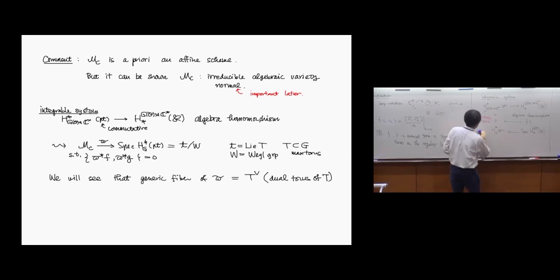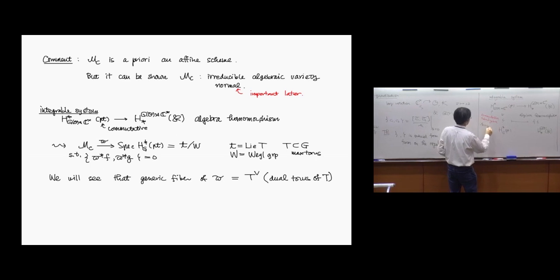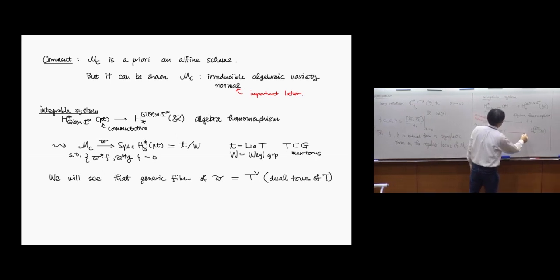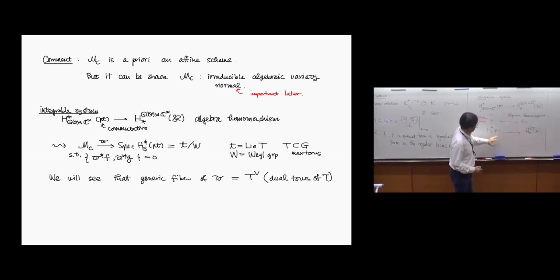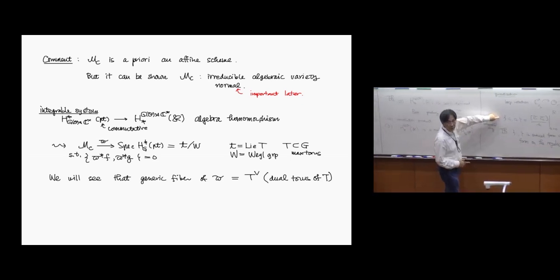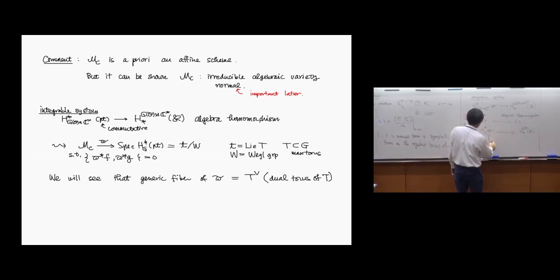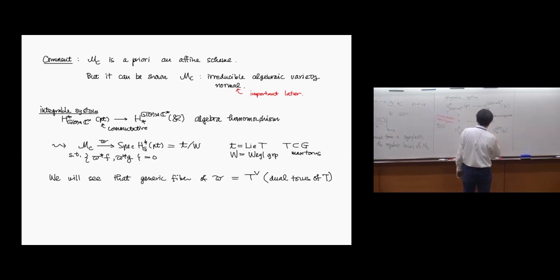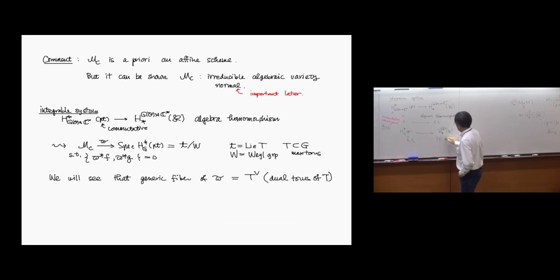Maybe before that, I should write down this one first. So you specialize h bar equals 0. Then you still have the algebra homomorphism, and as I said, this is commutative, so commutativity becomes trivial. But if you return back to the definition of the Poisson bracket, you see that if you take functions f1, f2 from here, then you send them here and take the Poisson bracket, this is equal to 0.